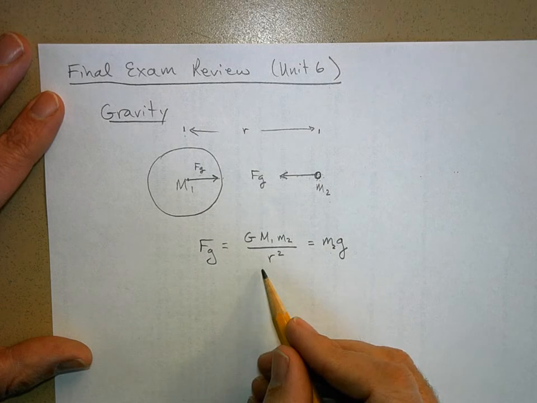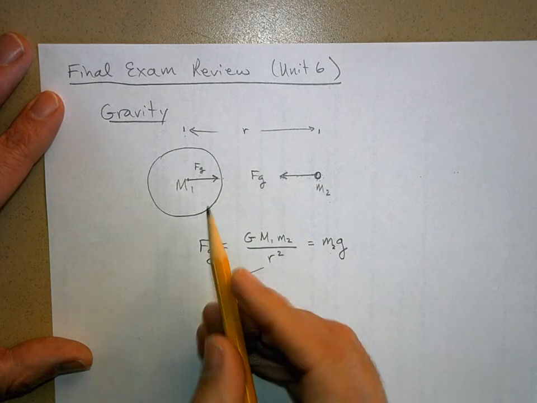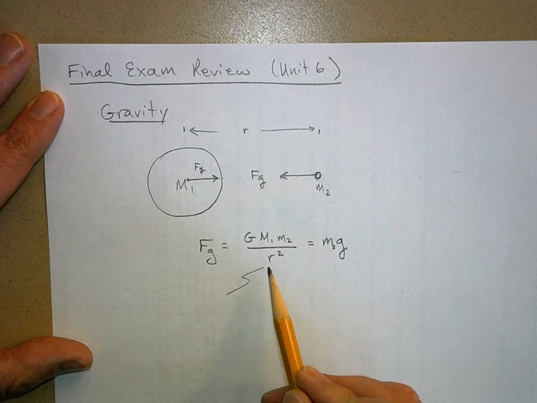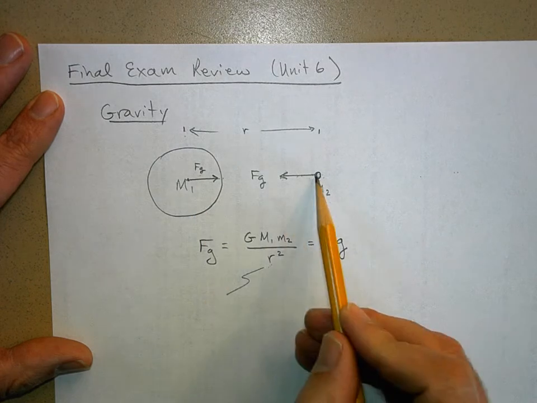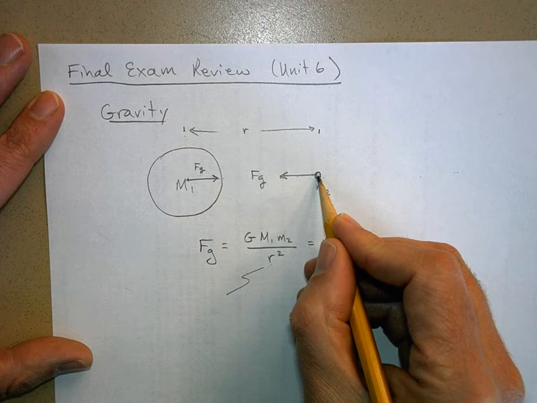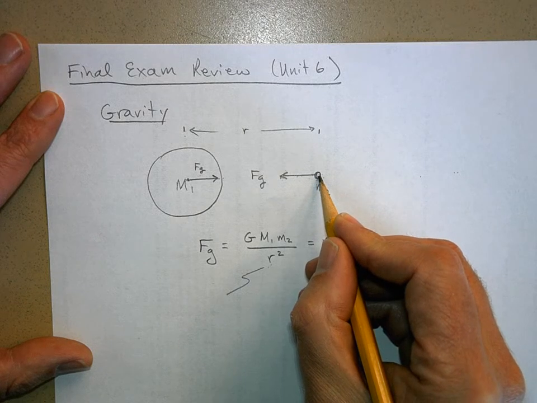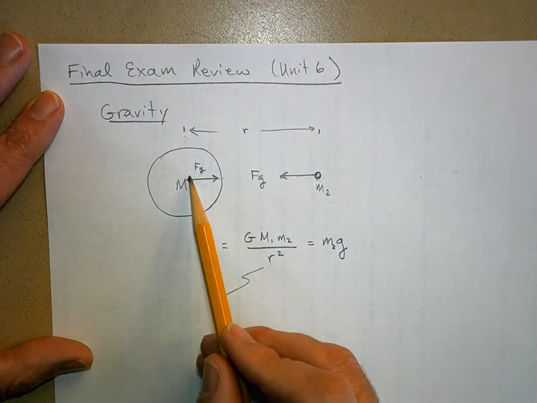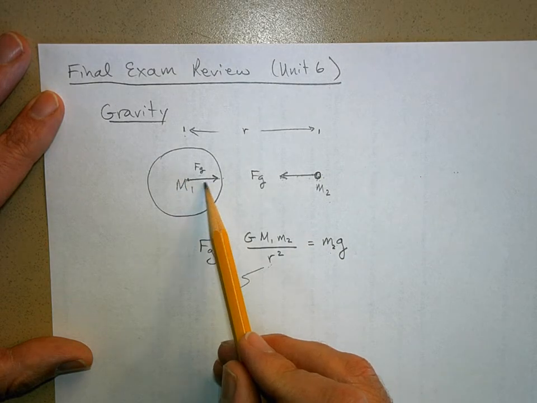So also one thing to remember about this r here. Let's suppose this is a satellite, like a spaceship or something, where the size of it is relatively insignificant compared to the Earth. This could be the Earth. What is r?